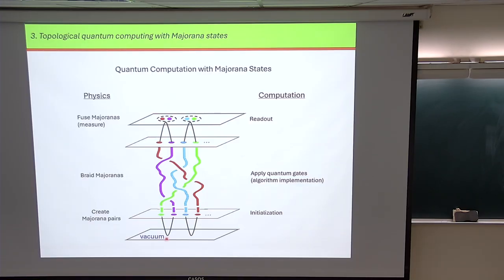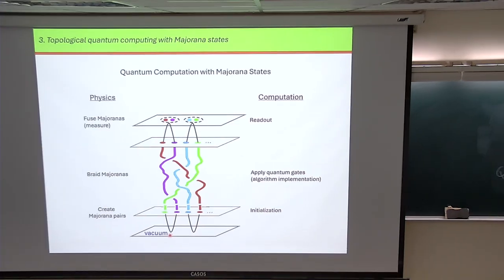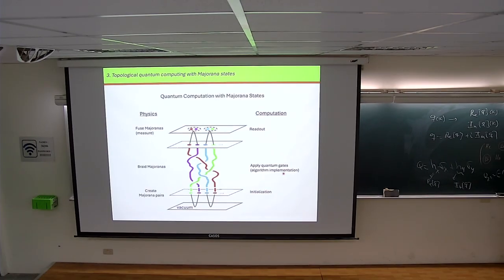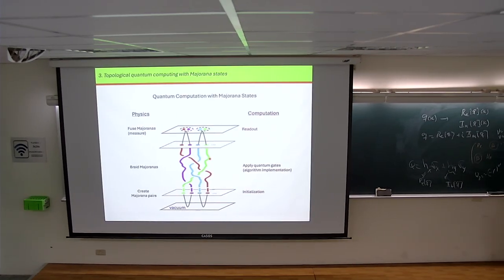Initialize means I put this qubit in the 0 state, so I leave it empty. This one I want to put in the 1 state, so I occupy it. They are all still apart from each other. Then I start to exchange them. By making the exchange, I'm doing the operations, I'm doing the gates. This is the implementation of the algorithm, all this braiding.